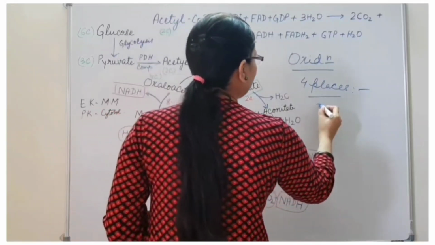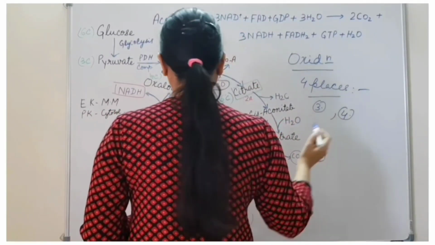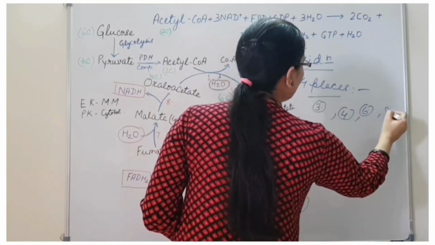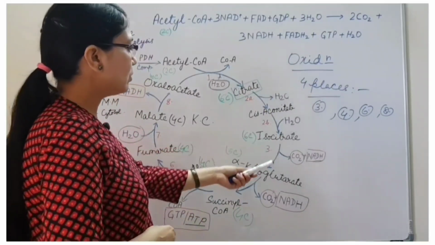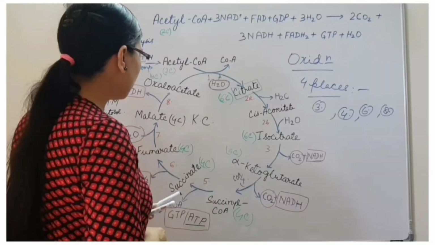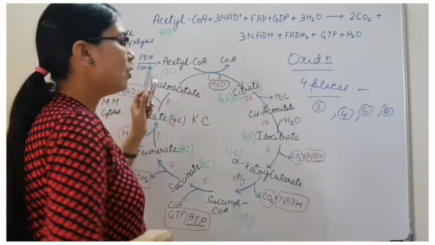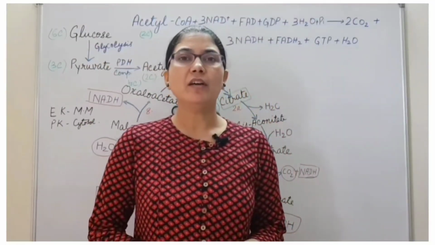Step number 3, 4, 6th and 8th. That is conversion of isocitrate to alpha ketoglutarate, then alpha ketoglutarate to succinyl coenzyme A, succinate to fumarate and malate to oxaloacetate.